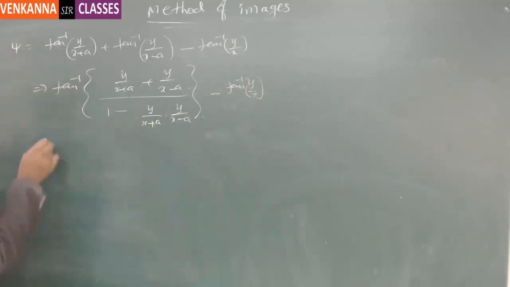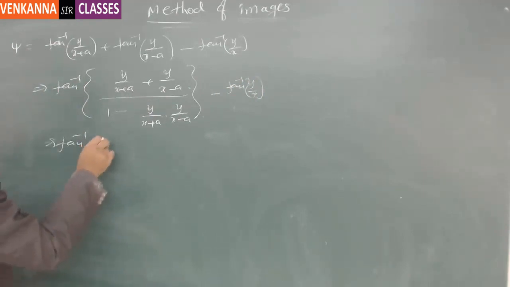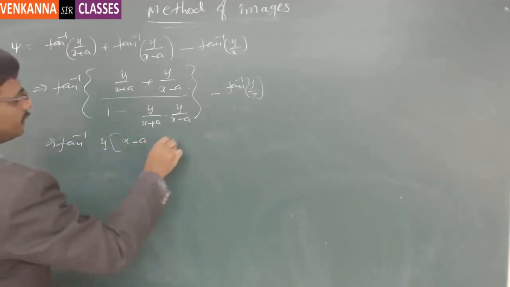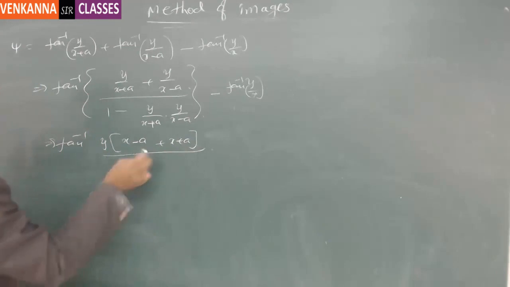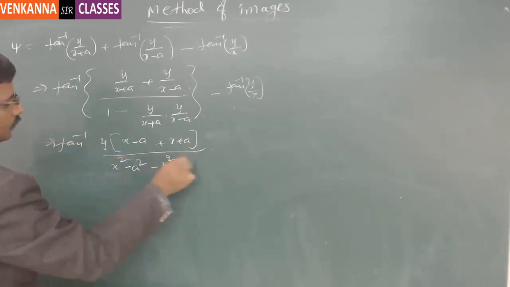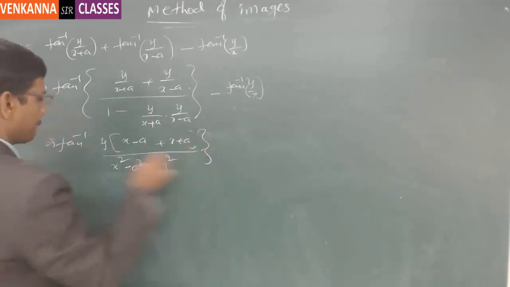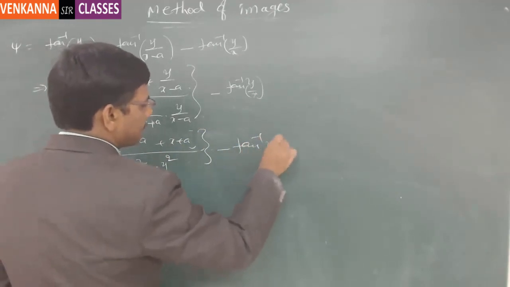Now we have to simplify this. This is tan inverse of y into ((x minus a) plus (x plus a)) divided by (x square minus a square minus y square), minus tan inverse of y by x.